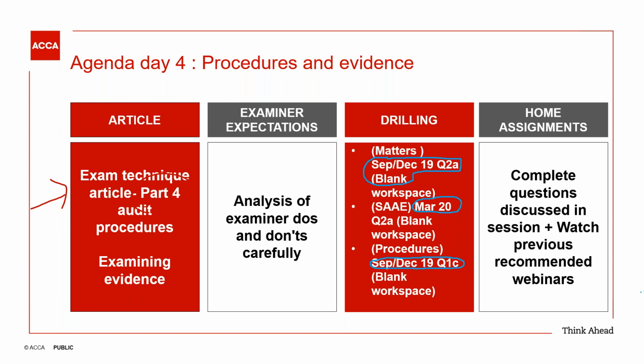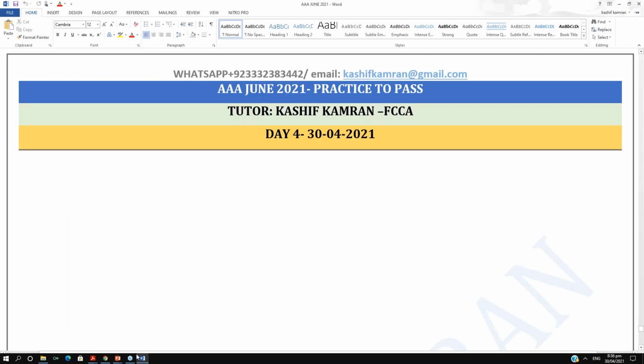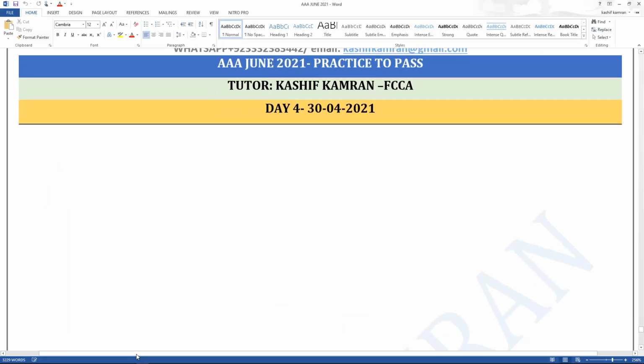Let's start with the agenda, and let's see what the examiner expectation is of the topic we are starting today, which is procedures and evidence. I'm taking my Word file, as I do every day, as my whiteboard. Today being the 4th day, the 30th of April, let's start with the objective and see what we need to discuss today.